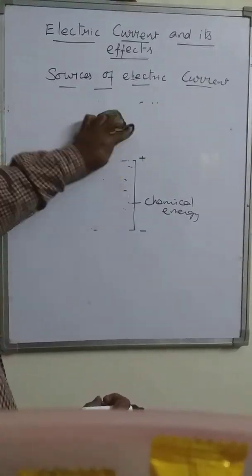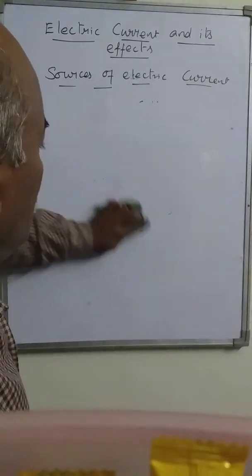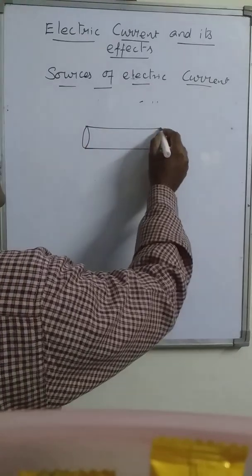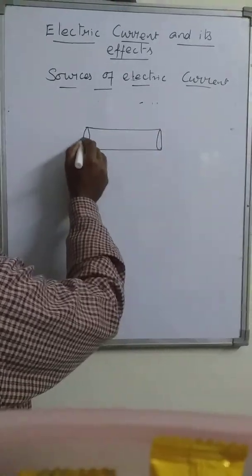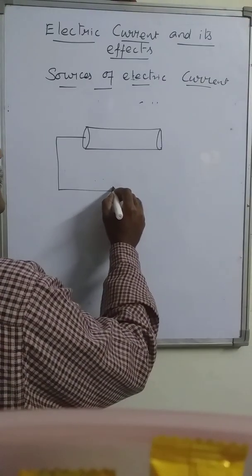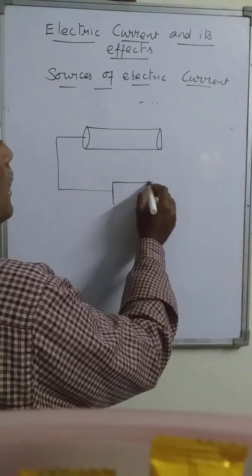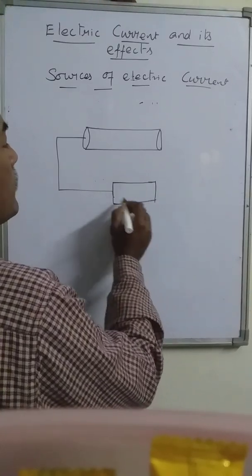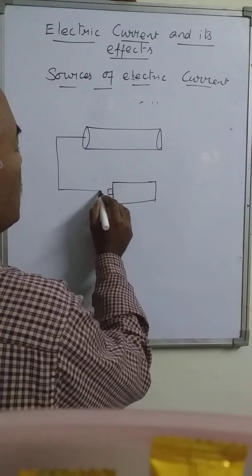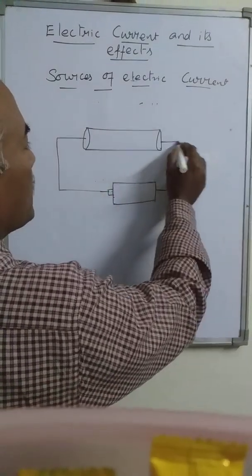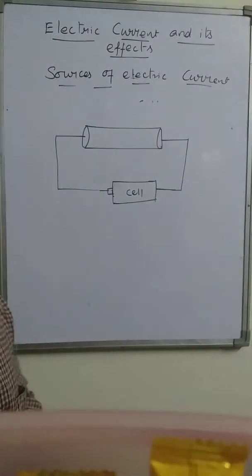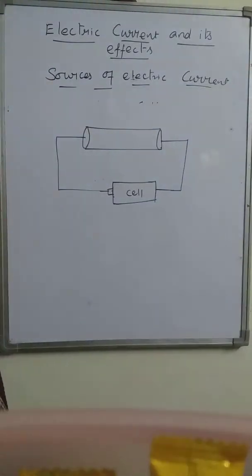Suppose this is a conductor, and this conductor is connected across a cell. Let this be the positive terminal, and this the negative terminal. Inside the cell, we have the chemical energy.